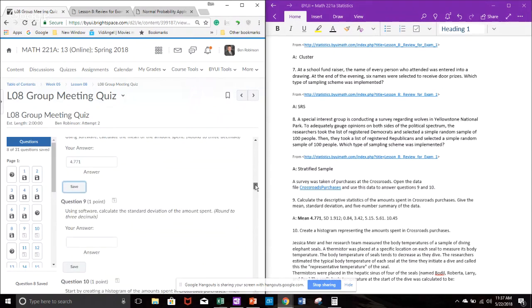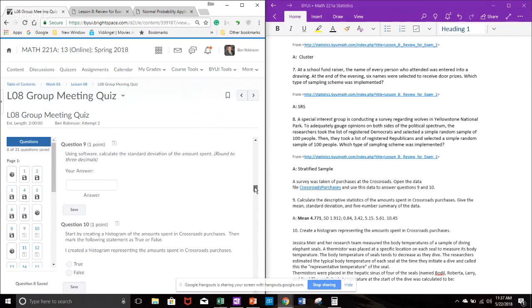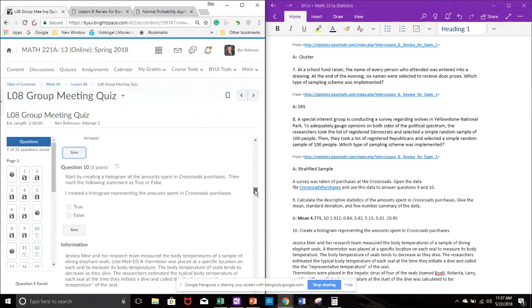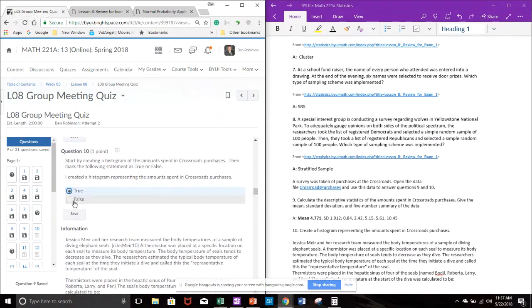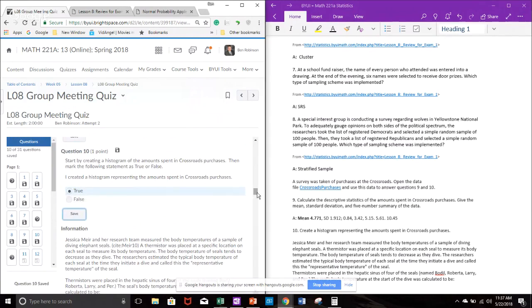I did it, and it was the answer I got. I agree with you. Okay. Question 9, I also did that, and I got 1.912. Good. And then I did the histogram when we used that Excel spreadsheet.